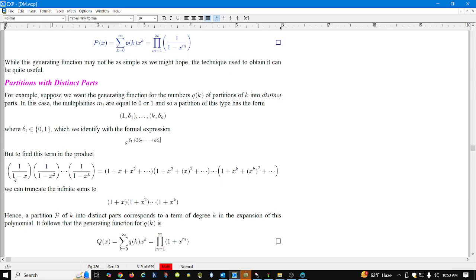So what is this term in this product, which again is this product of infinite series? We can truncate again, but now we're talking about degree at most 1. So all we need to do is keep this much. Sorry, I didn't say that right.